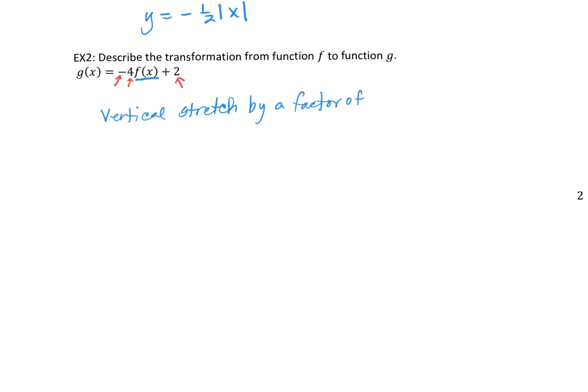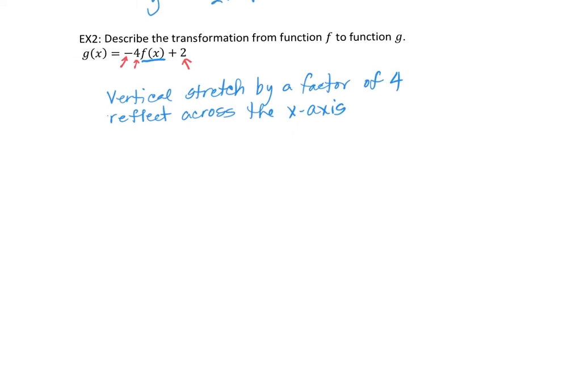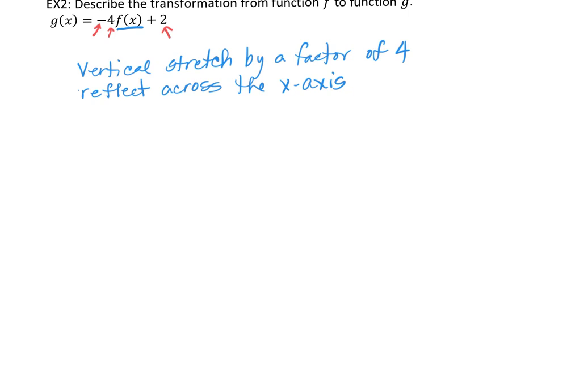Well, try writing that with 2 words. Talking and writing. So we're going to do a vertical stretch by a factor of 4. We're going to reflect across the x-axis. And the last thing we're going to do is shift upward 2 units.